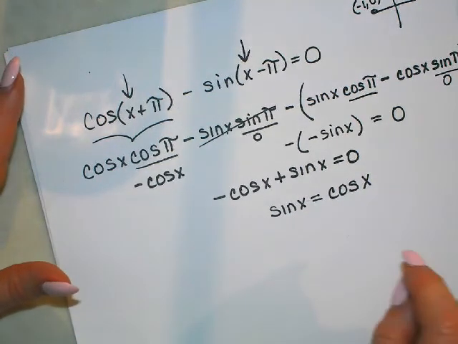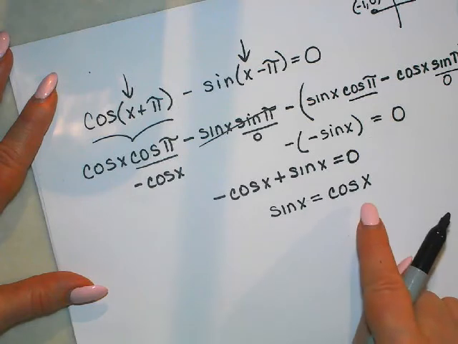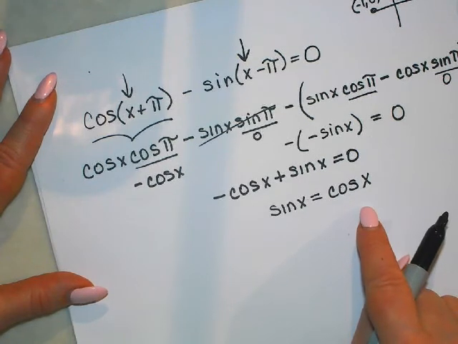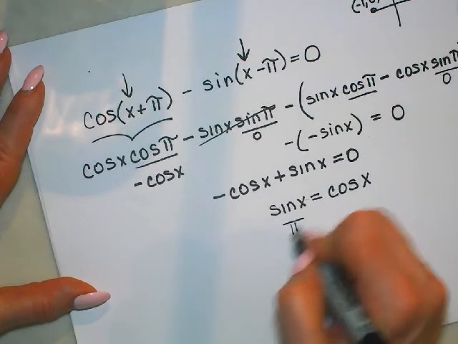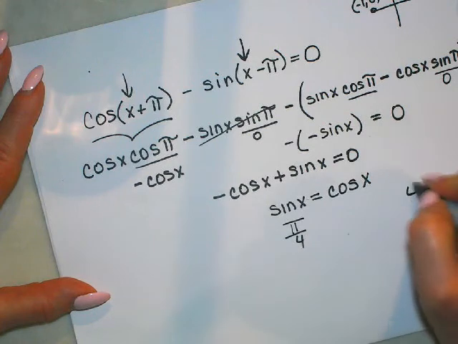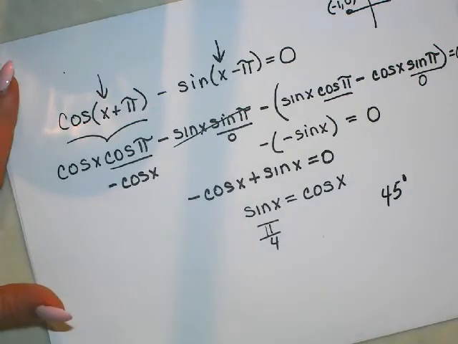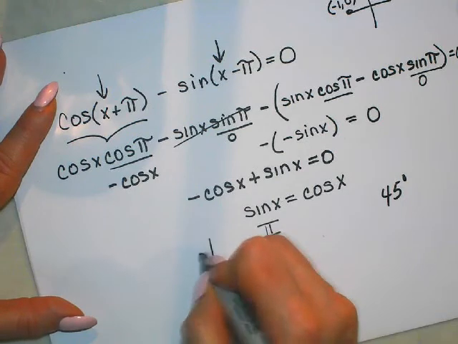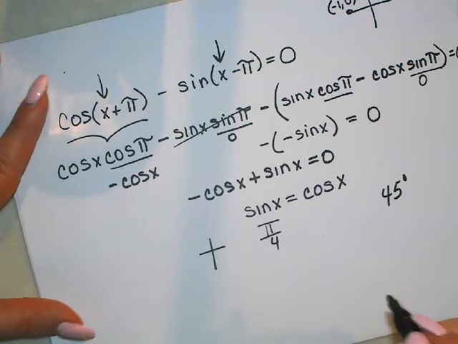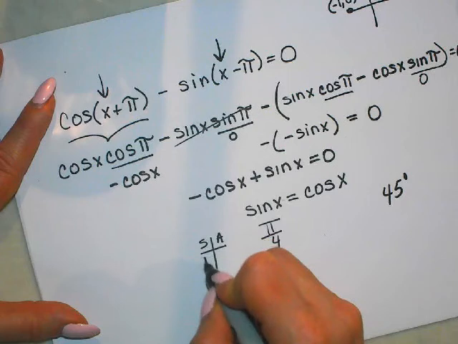Can you think of a situation where you have an angle where the sine is exactly the same as the cosine? You're right. It is pi over 4, the 45-degree angle. We know that its sine and cosine are the same. They're both positive.